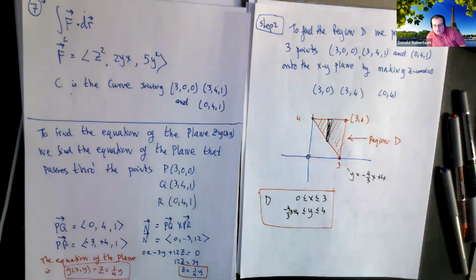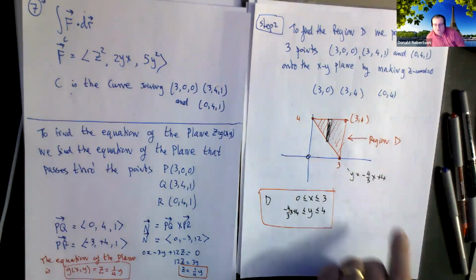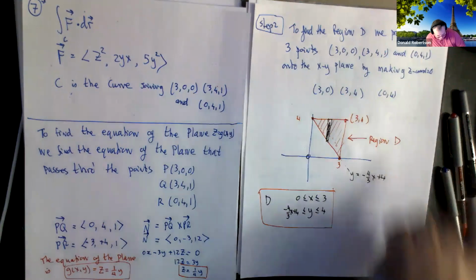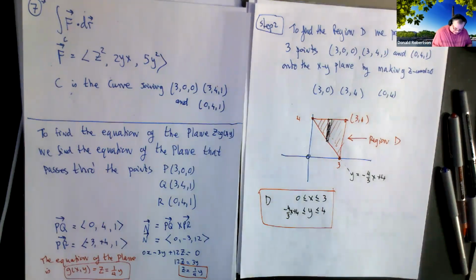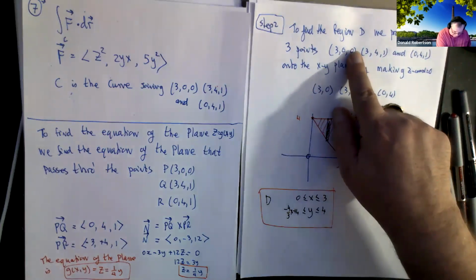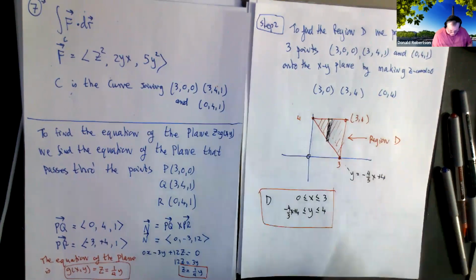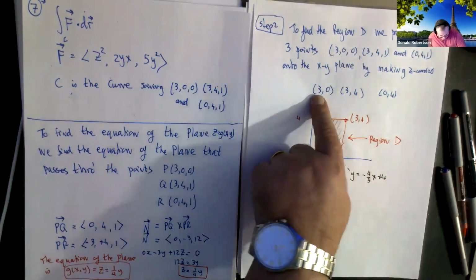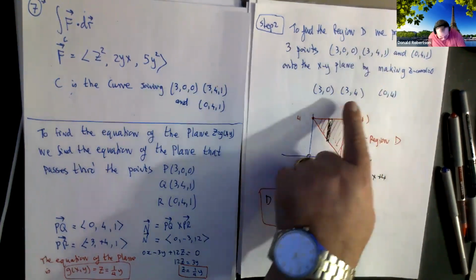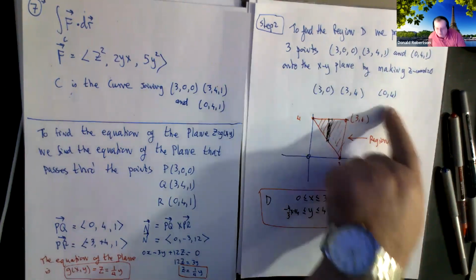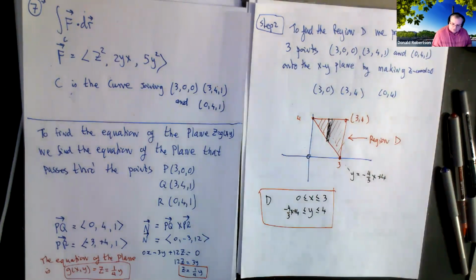The way I figure that out is simply by taking their coordinates, and if you want to know where each corner of that triangle would be on the floor, you make the Z value 0. So you end up with these 3 points: 3, 0, 0 gets you this one, 3, 4, 1 gets you this one, and 0, 4, 1 gets you that one. Because you make the Z coordinate 0, that's the point on the floor.